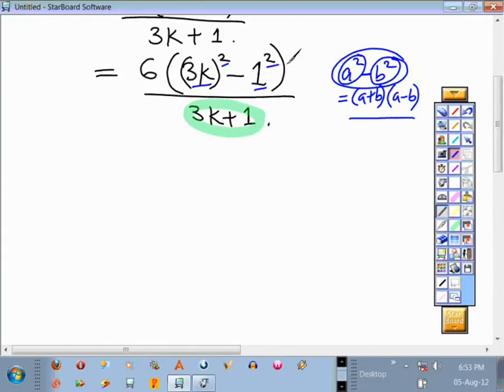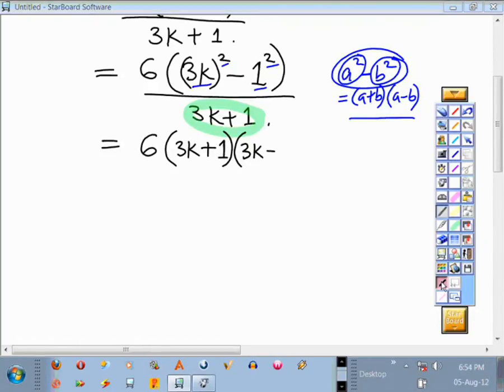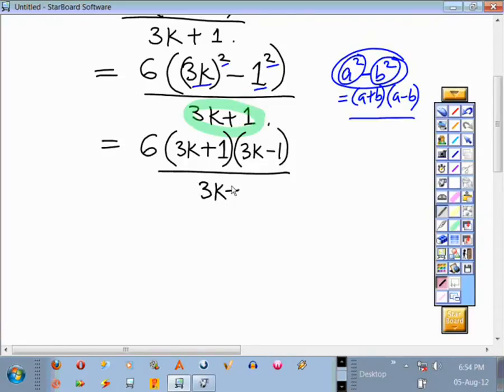So we are going to have, therefore, our next statement that we read as 6 into 3k, that's our a, plus b, into a minus b, bracket closed, and this is over 3k plus 1.